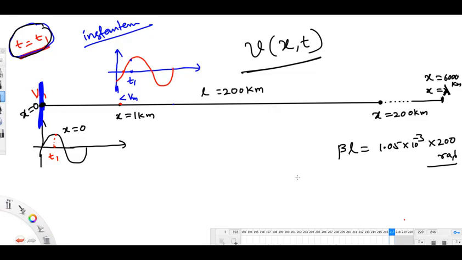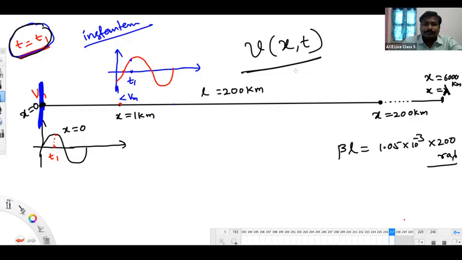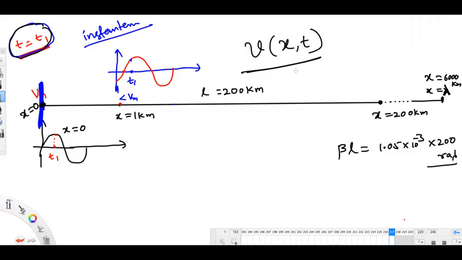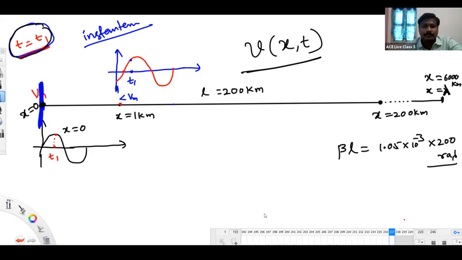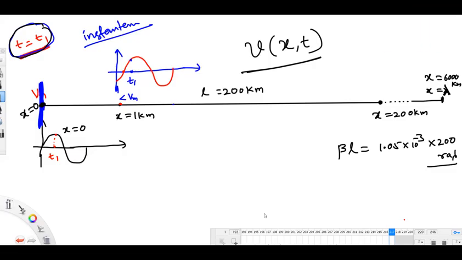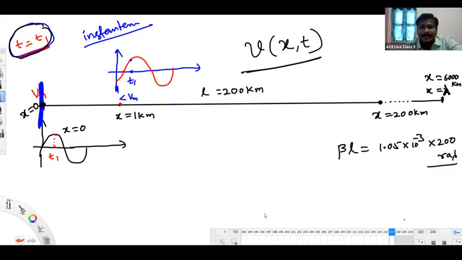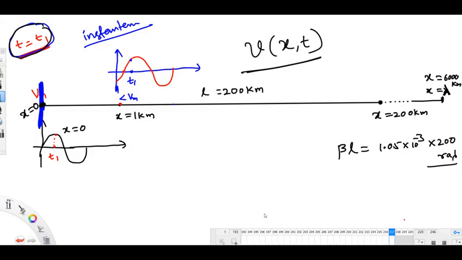Okay, sir. Polarity. Hello, sir. Tell me, Polarity. I didn't understand what you are saying exactly. Sir, my doubt is on the wavelength of the transmission line.